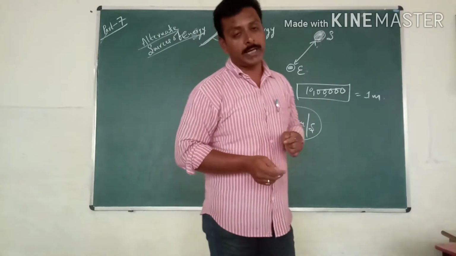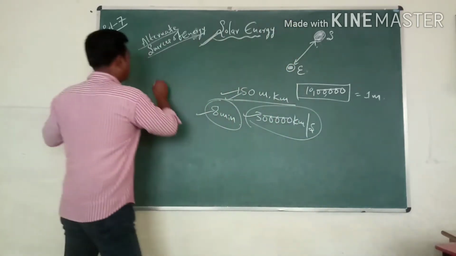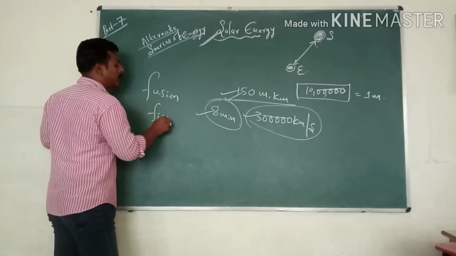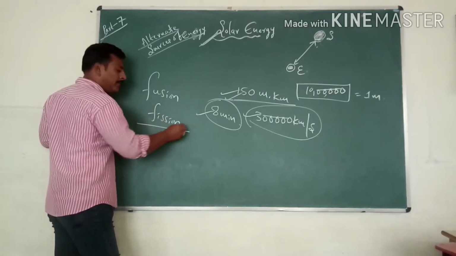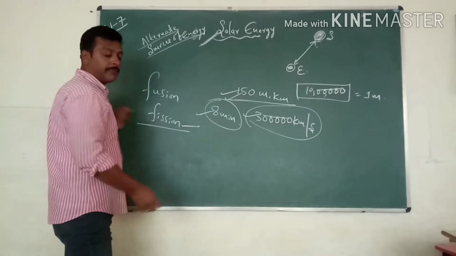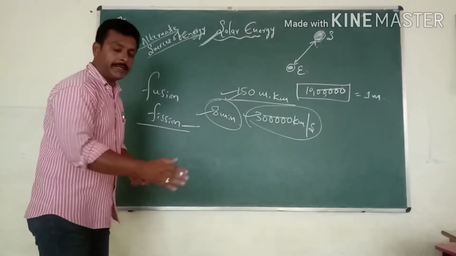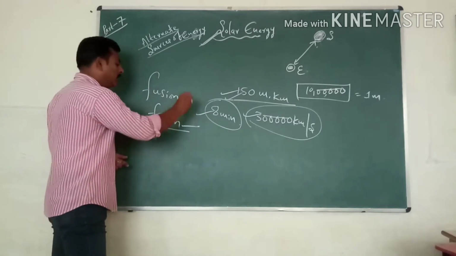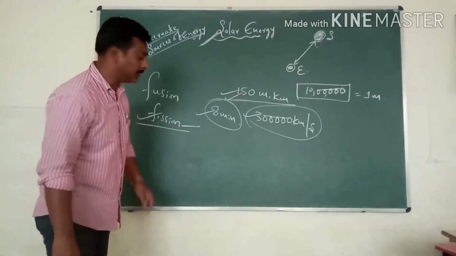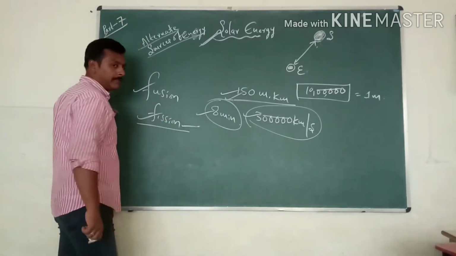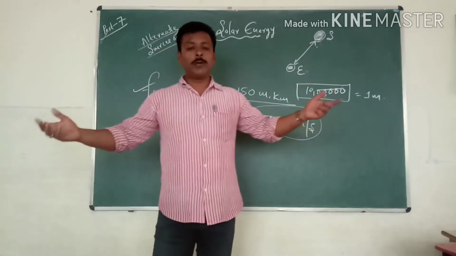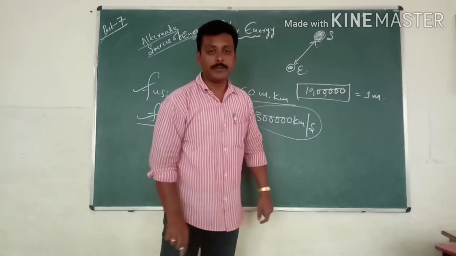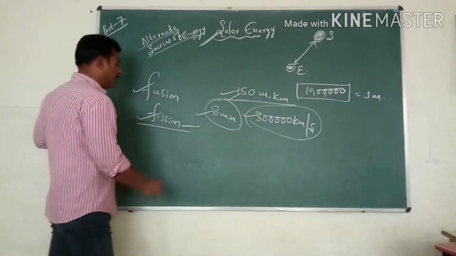2 or more lighter atoms combine to form one atom of bigger mass, that is called a fusion reaction. There is a difference between fusion and fission. Fission means breaking. If a heavy nucleus is split into 2 or more lighter nuclei, then it is called a fission reaction. What do you mean by fusion? If 2 or more lighter nuclei combine to form one heavy nucleus, then it is called a fusion.